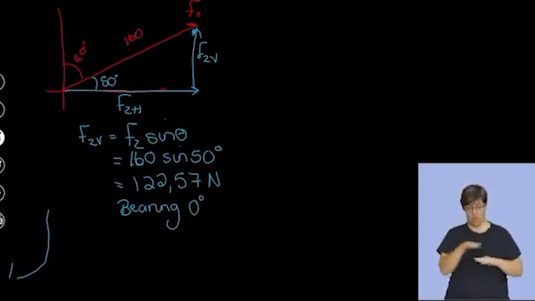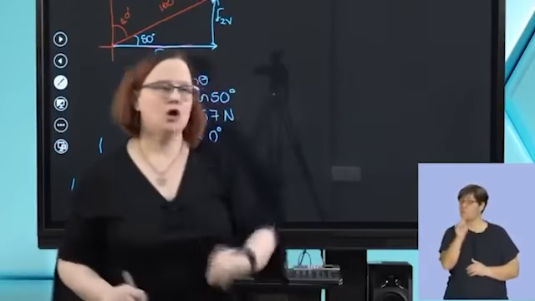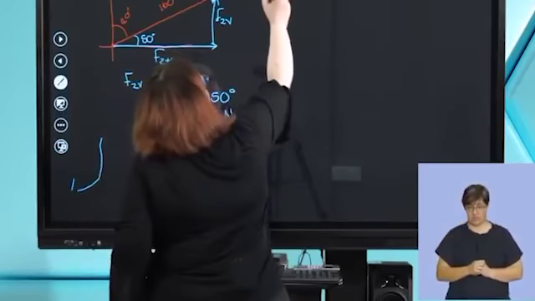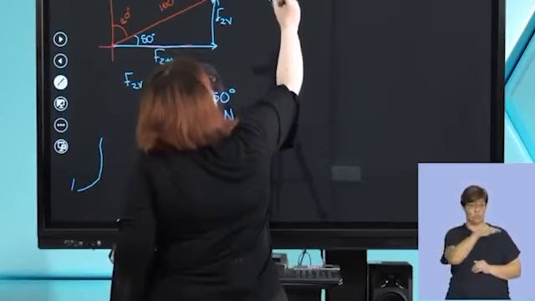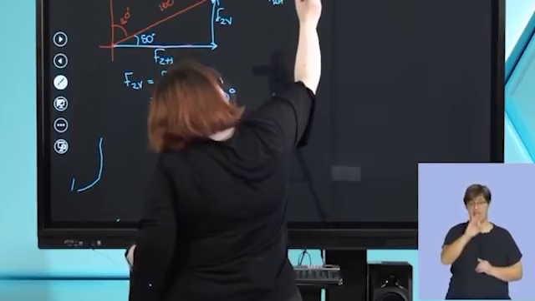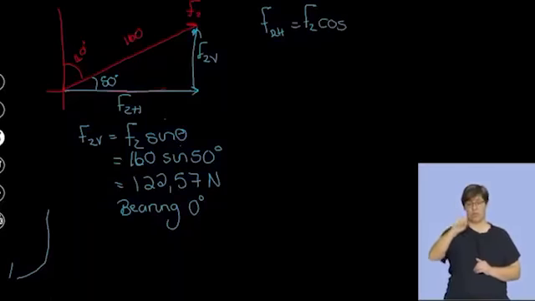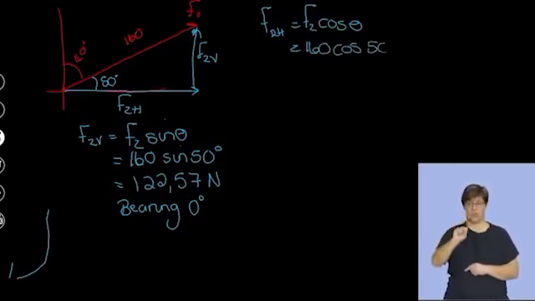So now we've done the vertical. Now we need to do the horizontal. Horizontal is adjacent, so we're going to use cos. So F2 horizontal is going to be F2 cos theta, which is 160 times cos 50. Going to use the calculator.